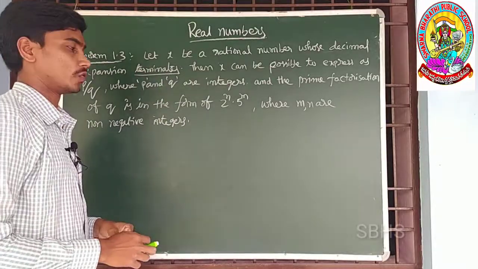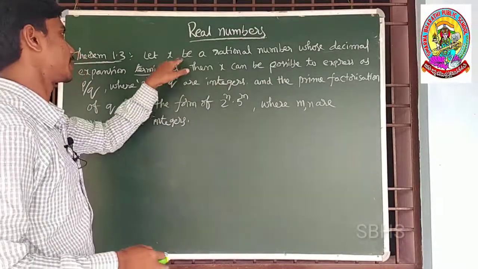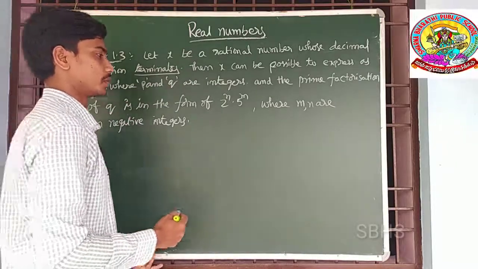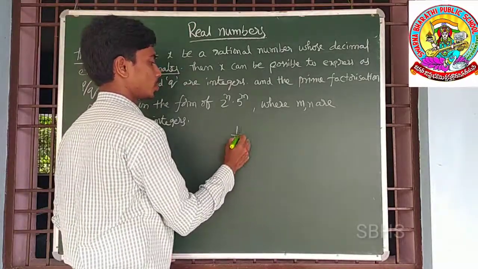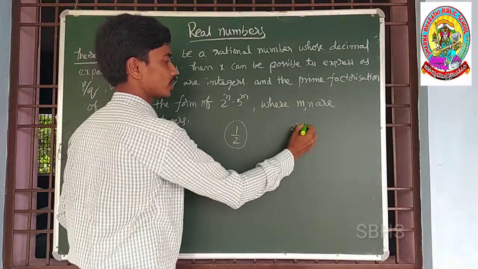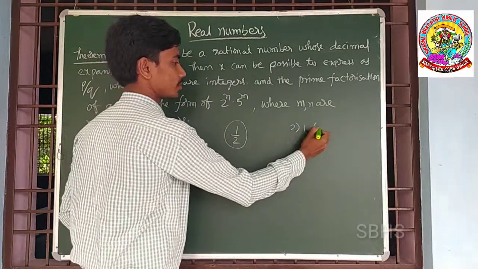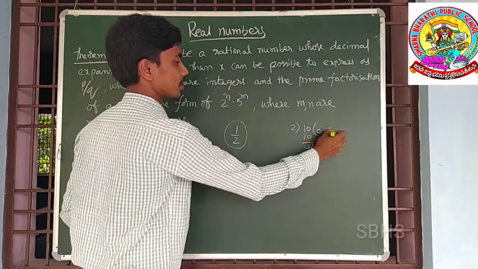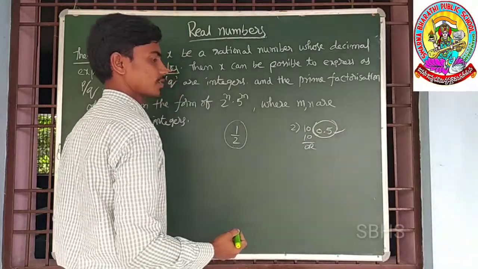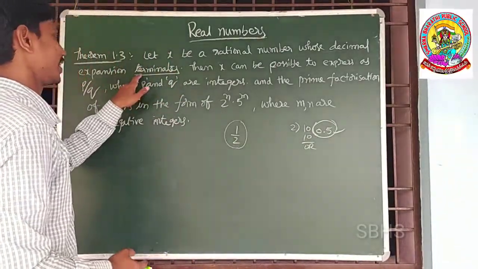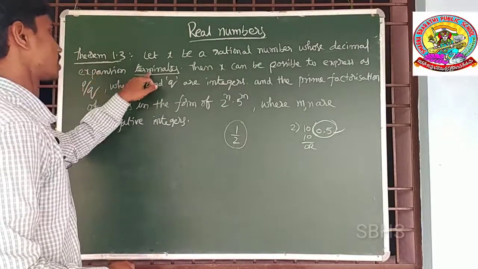Terminates means when you do actual division of p by q, it ends as a decimal. For example 1 by 2, it is a p by q rational number. If you do actual division, you put a point here, 0 here, 5 times 10 gives 0 remainder, so the answer is an ended decimal. These types of decimals are called terminating decimals.